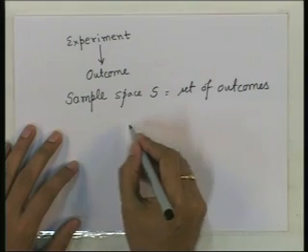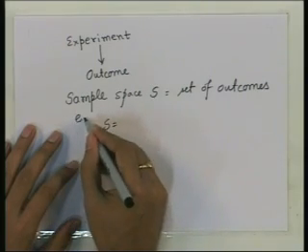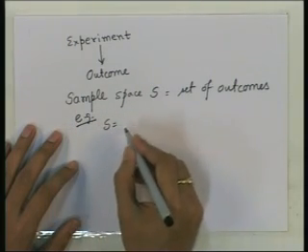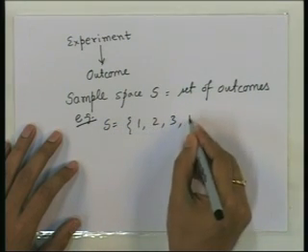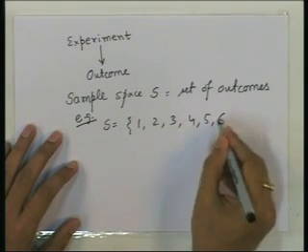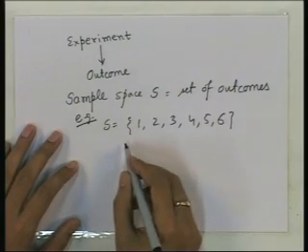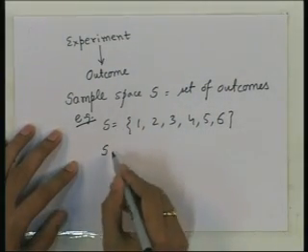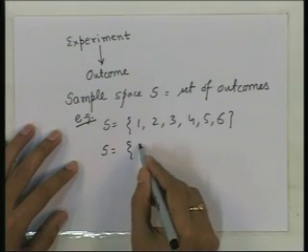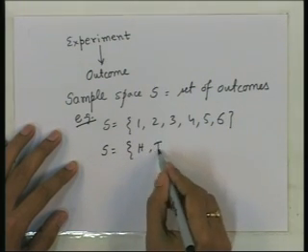For example, this may be the set of numbers 1, 2, 3, 4, 5 and 6 when the experiment is throwing a die, or it may be the set head and tail.